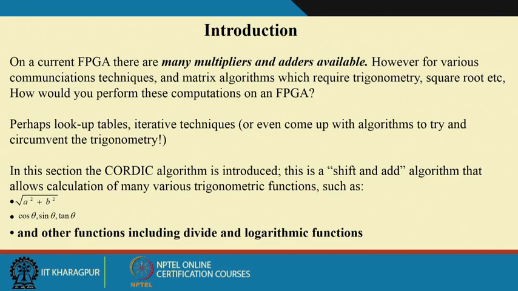Suppose I need to do matrix multiplication or matrix inversion. If I am developing hardware for image processing algorithms, image processing is basically two dimensional, so I need processing in matrix form.